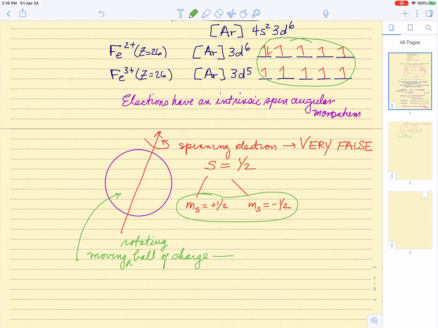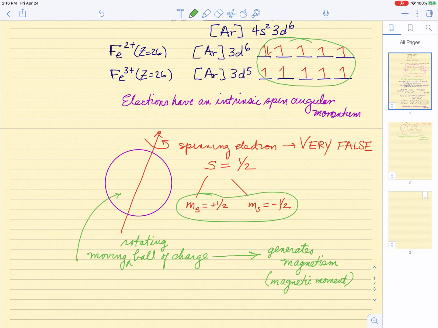And as a consequence of that, it generates magnetism. We say that is a magnetic moment. And again, that discussion is far beyond the scope of this course, but for those of you who want to take modern physics, we will go into this in great detail.